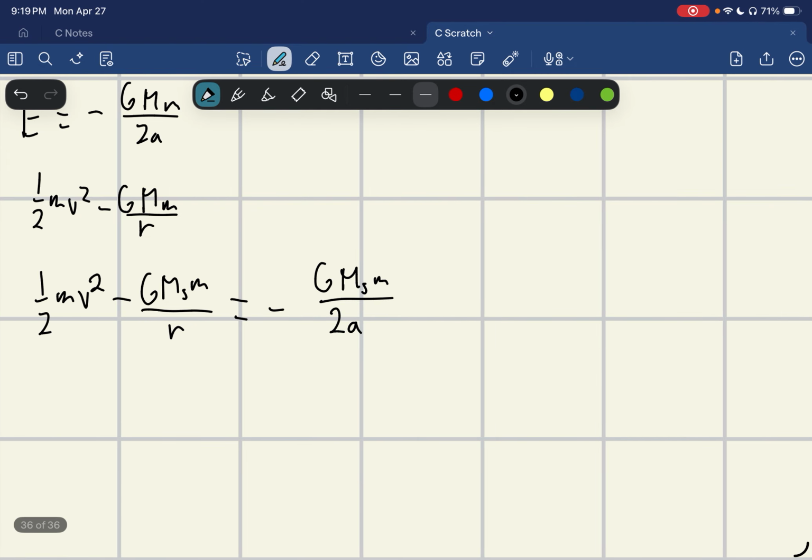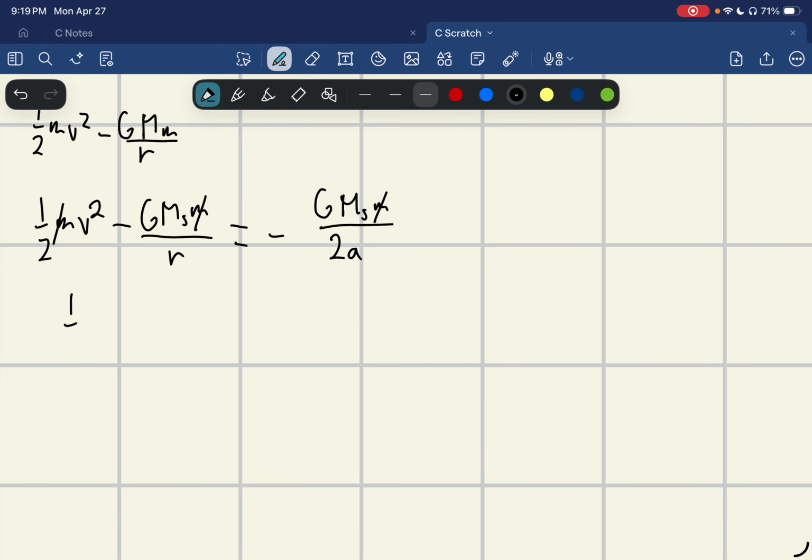Here I would cancel out little m from all of them, and then you're left with 1/2 v squared minus G big Ms all over r is equal to negative G big Ms all over 2a.